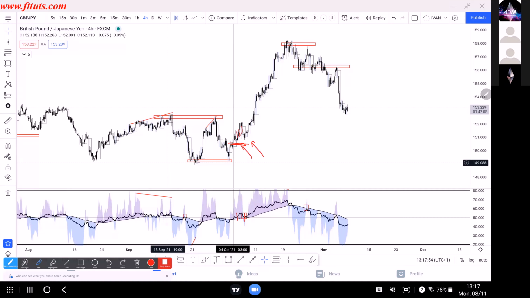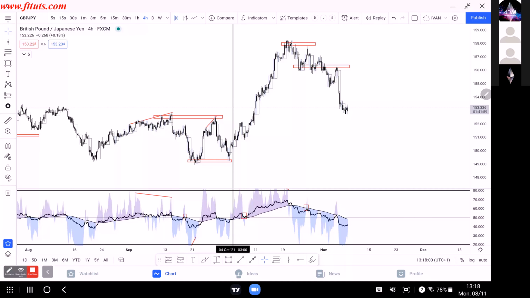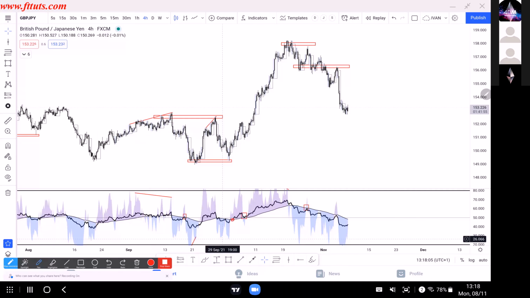I can still find my entry somewhere around these areas. Okay, now I understand the crossover is gonna be missed by few pips. I can still look for my entry because I seen a squeeze few days afterwards.